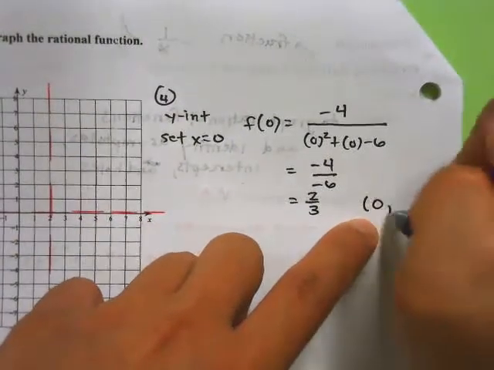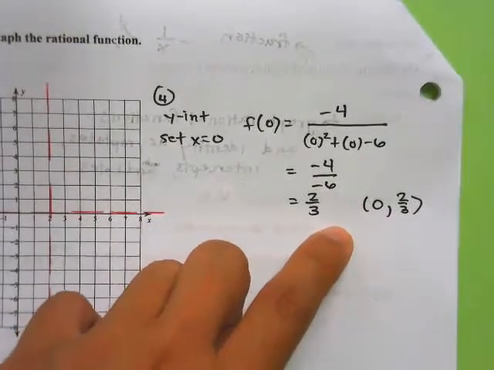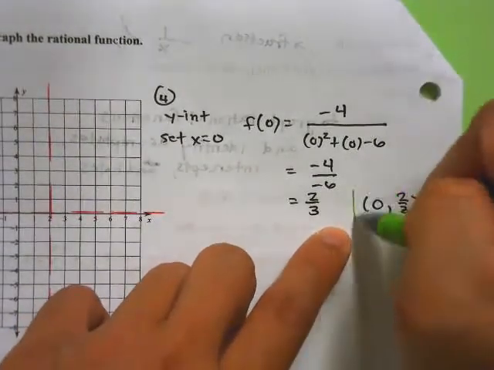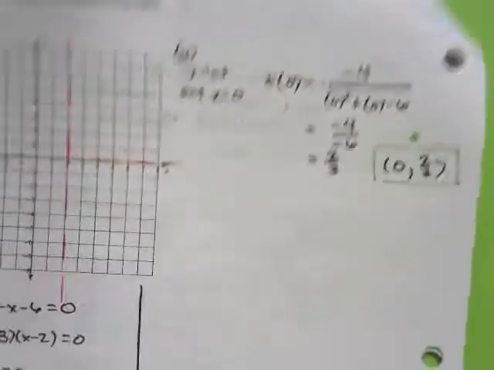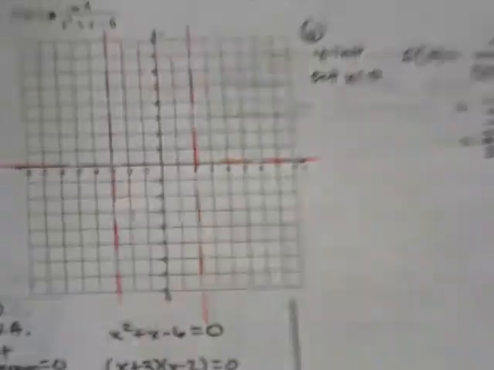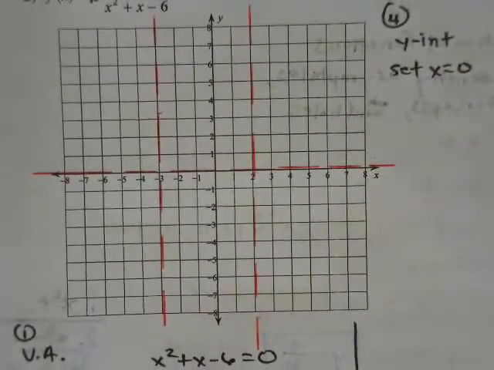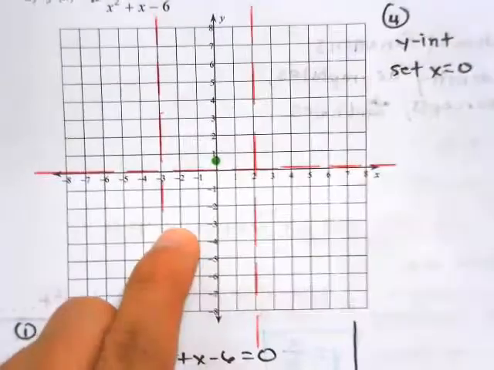Because we plugged in 0, our input, our output is 2/3, so the point is (0, 2/3). I'm going to mark that in light green, even though my projector doesn't project much color. Just do this to the best of your ability, somewhere over here. So that's your y-intercept.